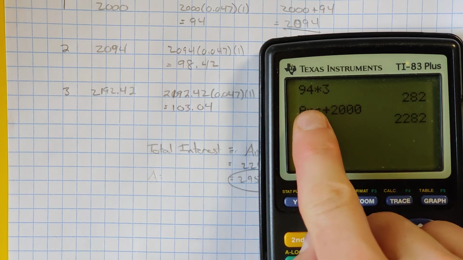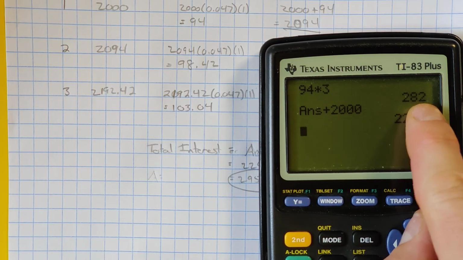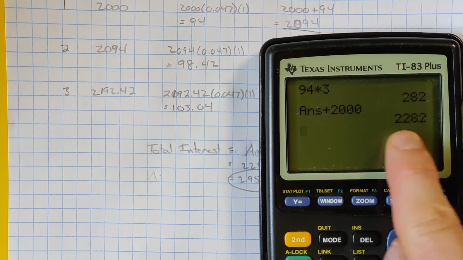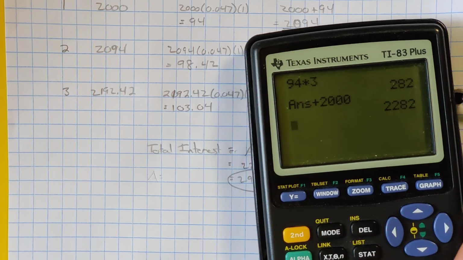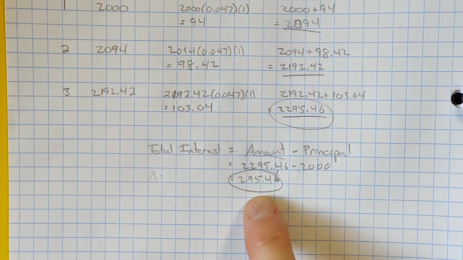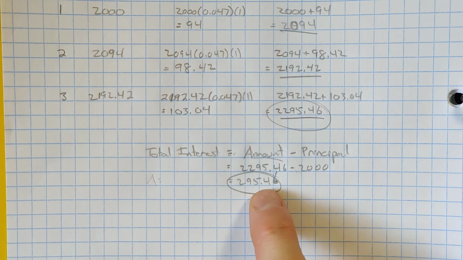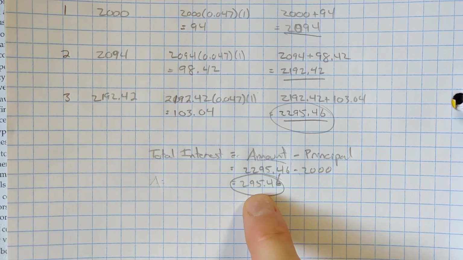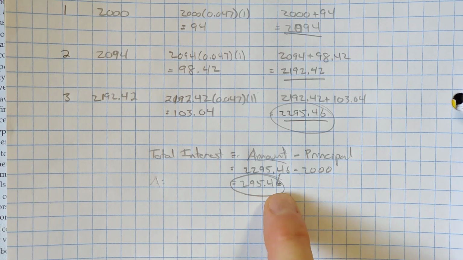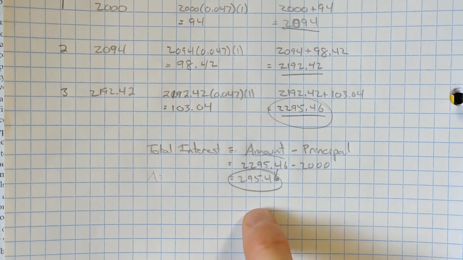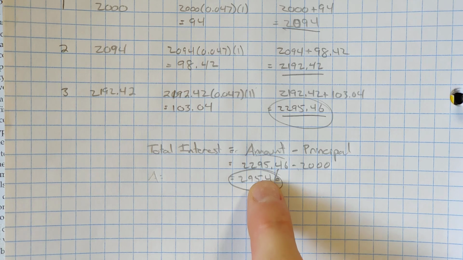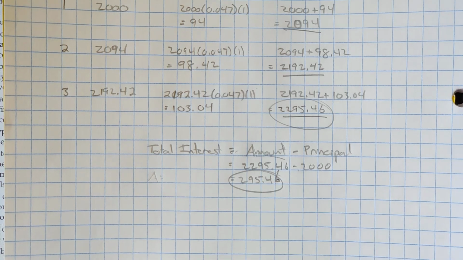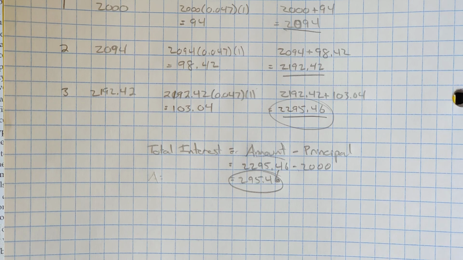So $94 each year of interest times the 3 plus the original amount, $2,282. So he made an extra $13.46 in interest, and he ends up with that little bit extra money. Over time, again, this builds and builds and builds, and then he makes lots and lots of money.